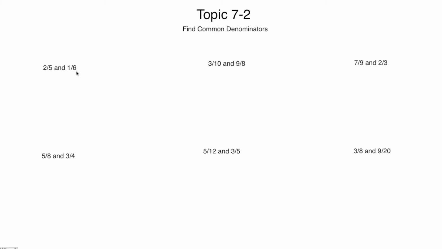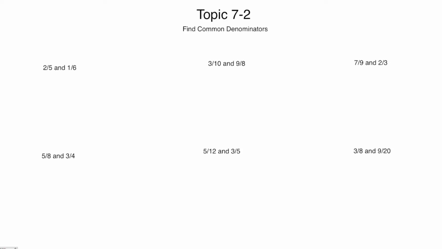Now for me, a lot of times the easiest way to come up with a common denominator, sometimes it's not the smallest, and sometimes it is, is to just take your 2 denominators and multiply them. 6 times 5 is 30.